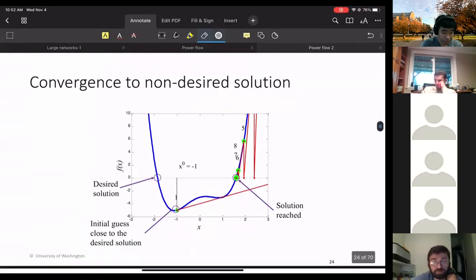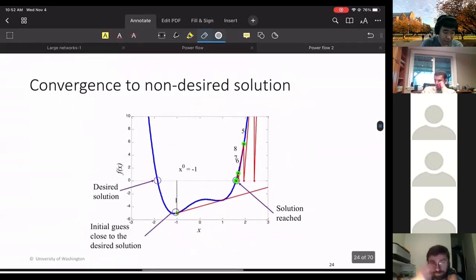For example, this is one example. Maybe I want this desired solution, and there are reasons why I think that's a solution that makes physical sense. Let's say I guess fairly close to the desired solution.